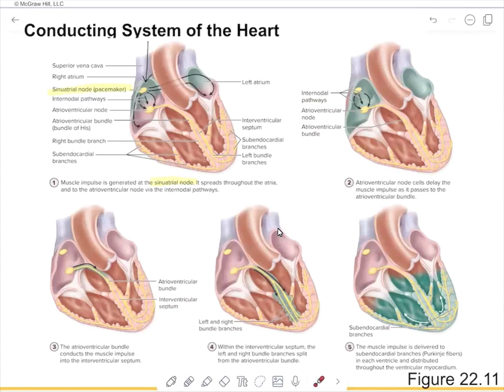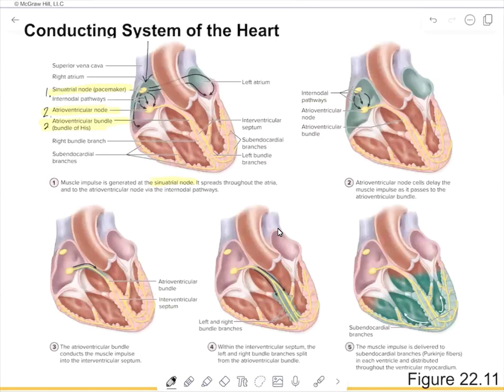There are then nodes that are going to pass between each of these areas. They're called internodal pathways, and they lead to the next step of the conduction system, which is the atrioventricular node, which is shown right here, and that's going to be at the base of the right atrium. So that would be really step number 2.